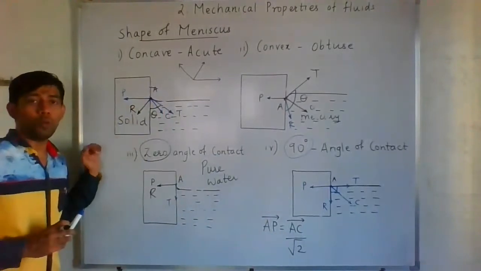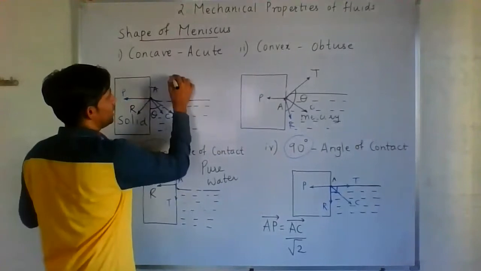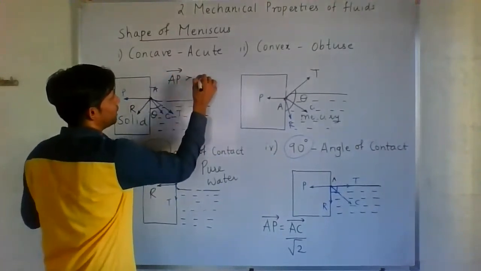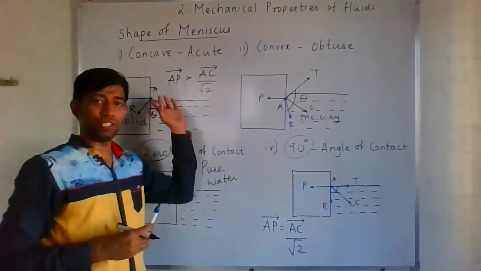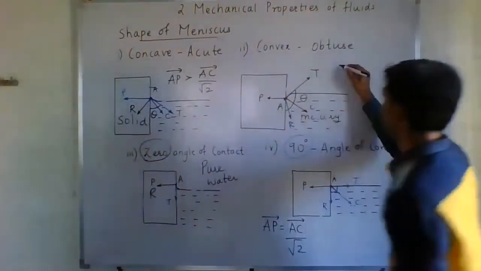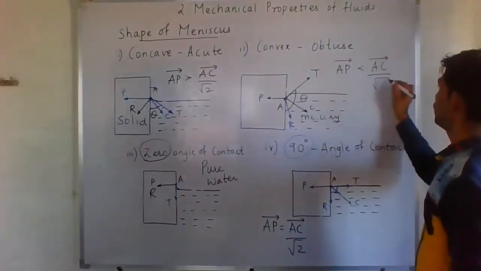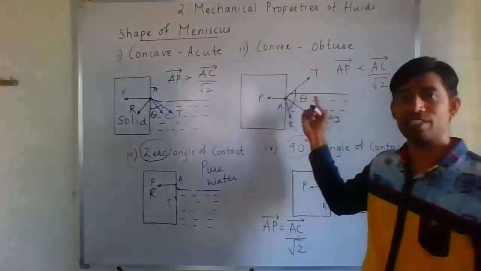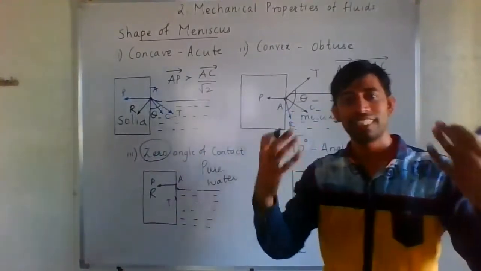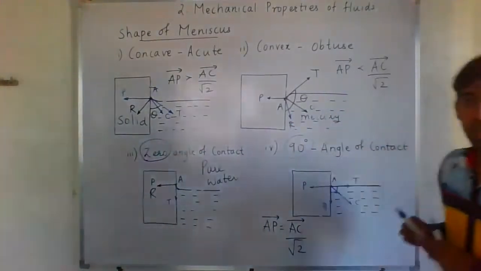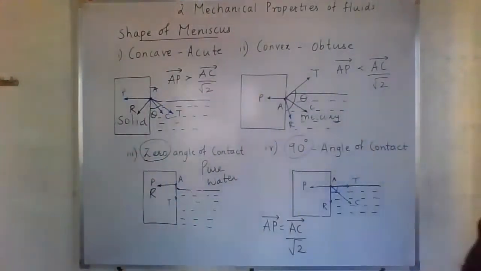Similarly, if we go over here, then here we need AP greater than AC by root 2. Then we will achieve this condition. And here AP should be less than AC by root 2. Then we will be achieving this condition. And here no case about AC, whatever AP is there, the same is AR. So this is how we complete a topic on shape of meniscus.